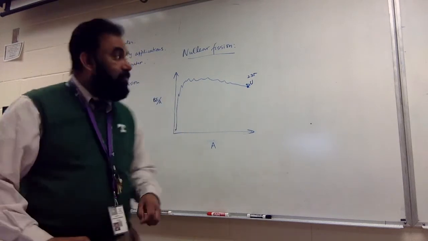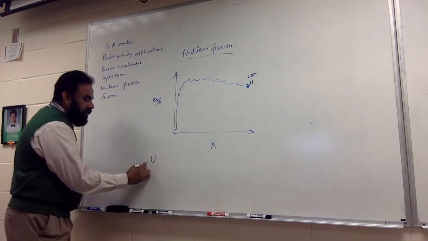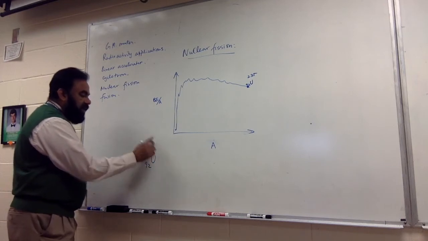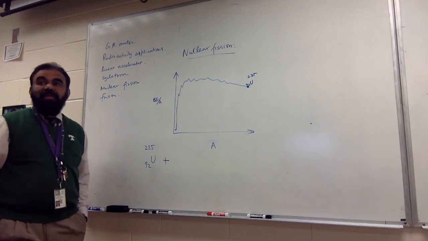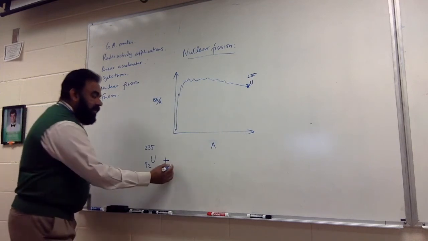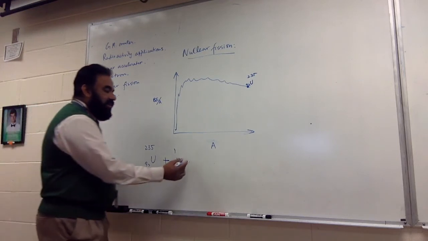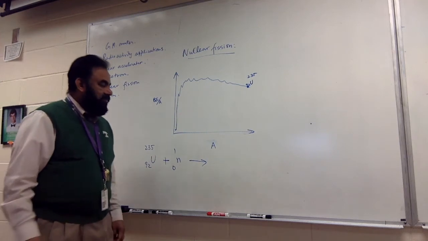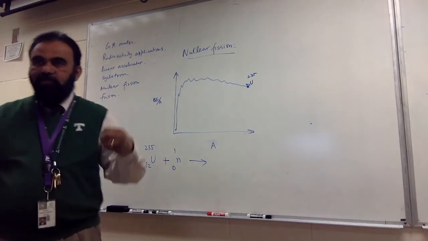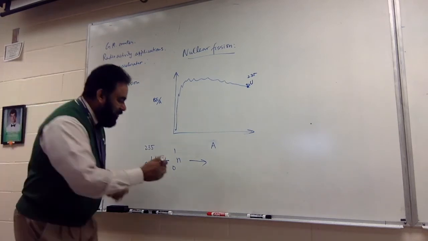When you break uranium-235, how do you break it? By making a neutron come and hit it. A neutron comes and hits uranium-235, splitting it up into two. Basically what happens is, this is a slow neutron.